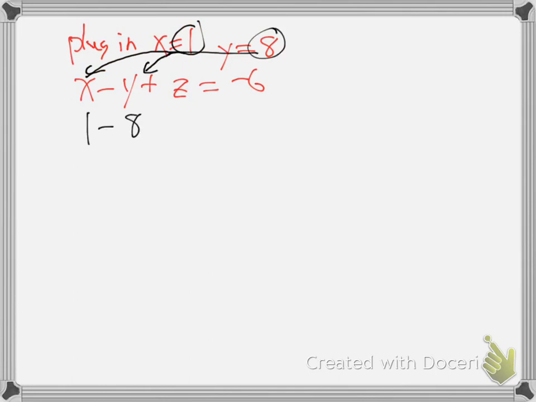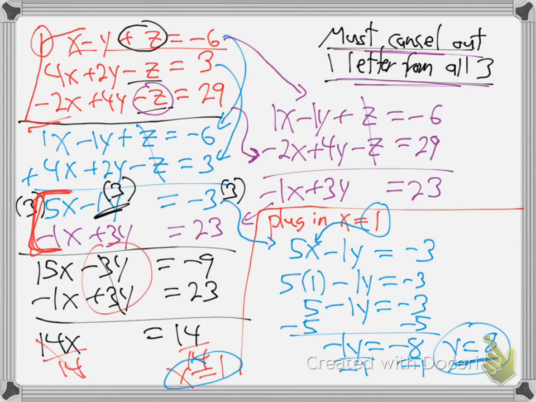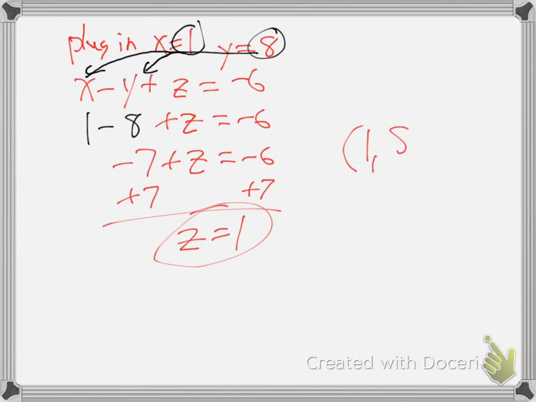So 1 minus 8 plus z is minus 6. What's that, minus 7, plus z, add 7, z is 1. So we got our three answers, x, y, z. What is it? 1, 8, 1.